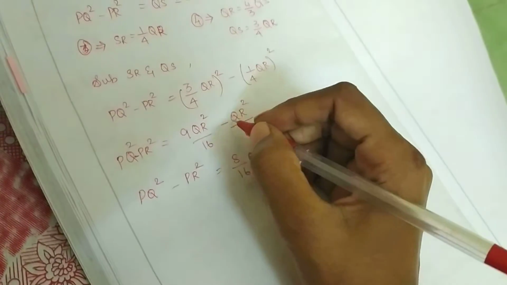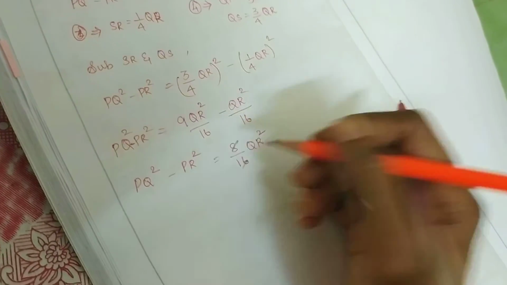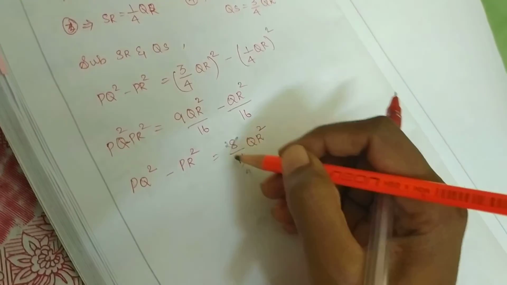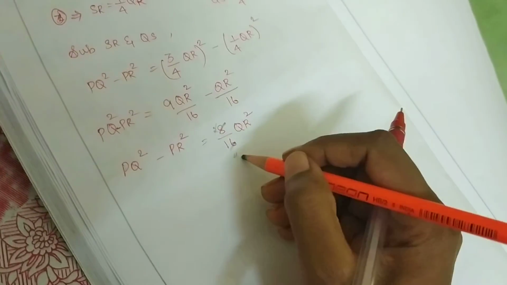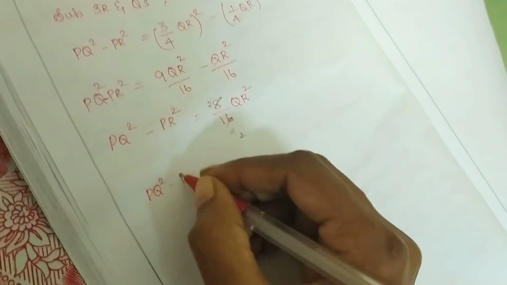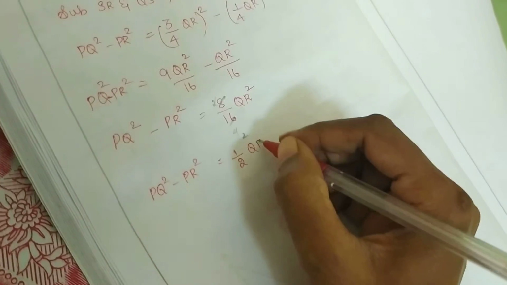Dividing by 4 and then by 2, PQ square minus PR square is equal to 1 by 2 times QR square.